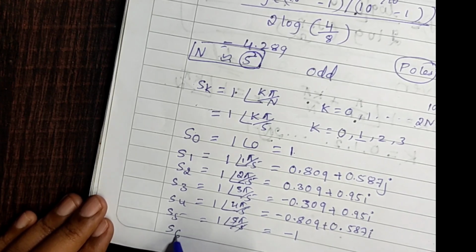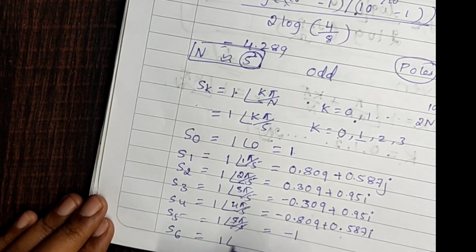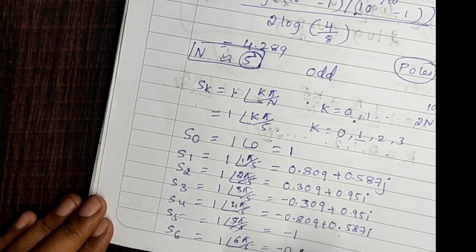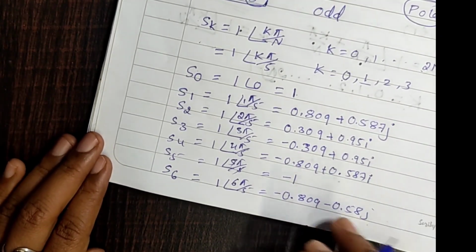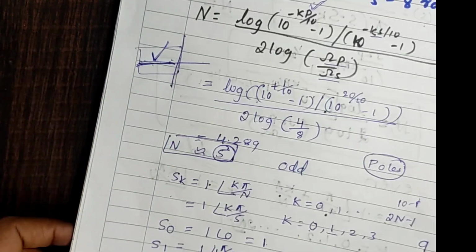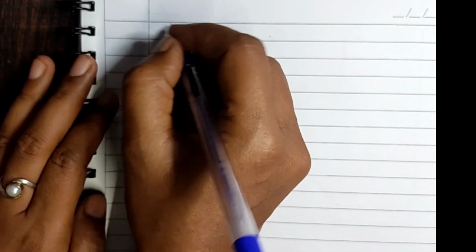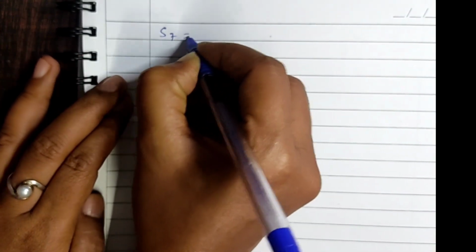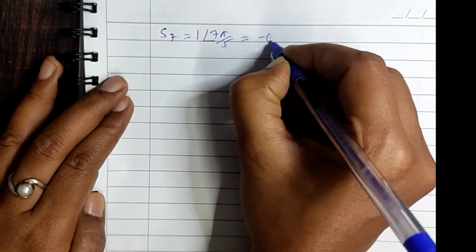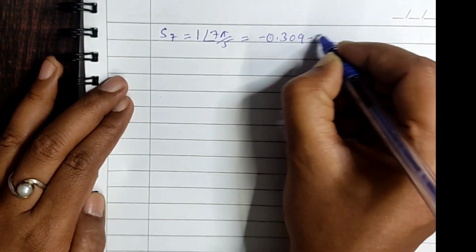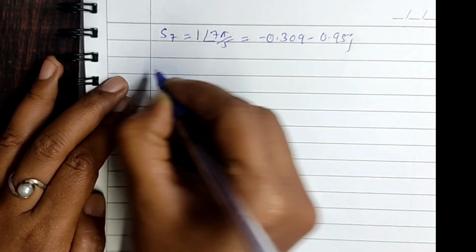So therefore S6 is equal to 1 at an angle 6 pi by 5. Its answer is minus 0.809 minus 0.58j. Further, S7 is equal to 1 at an angle 7 pi by 5, which is minus 0.309 minus 0.95j.